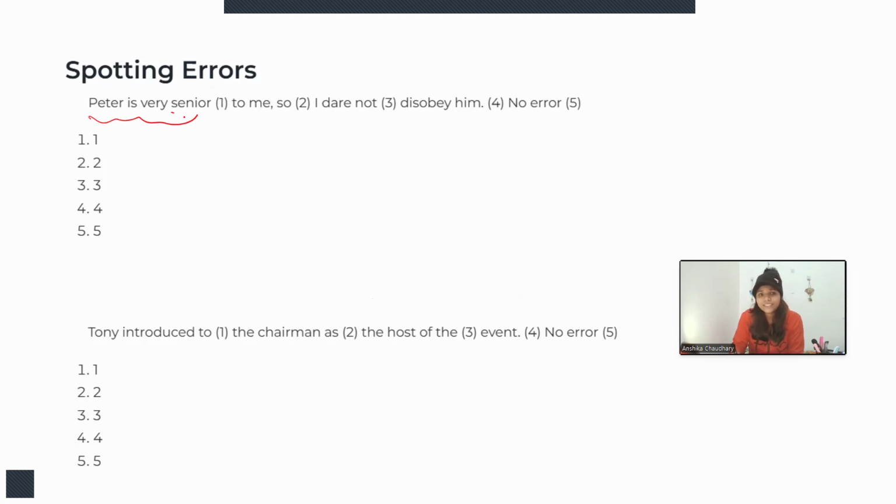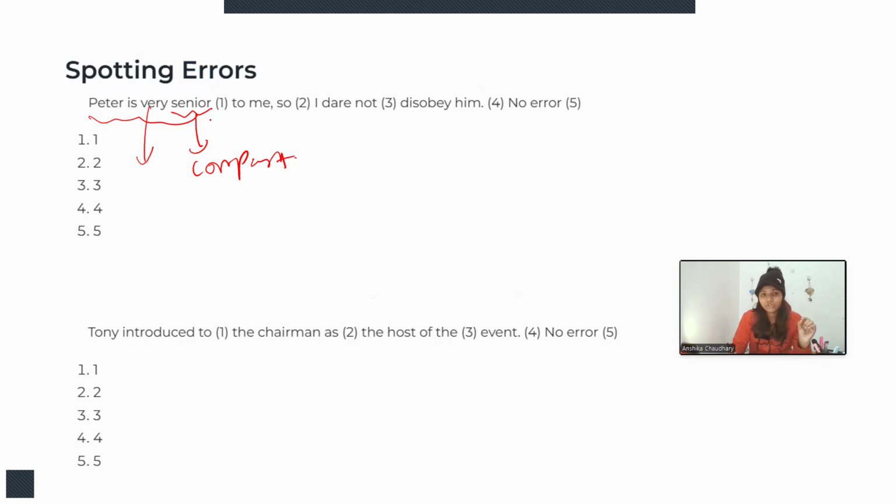Here, senior is the comparative degree, right? There are three types of degree in English. First is positive degree, the second is comparative degree, and the third is superlative degree. Now, before any comparative degree, we don't use the word very. Very is useful in the positive degree only, the first degree.